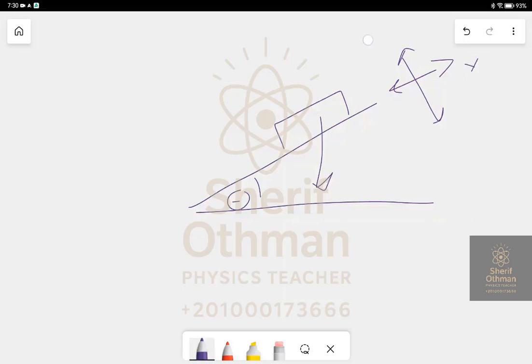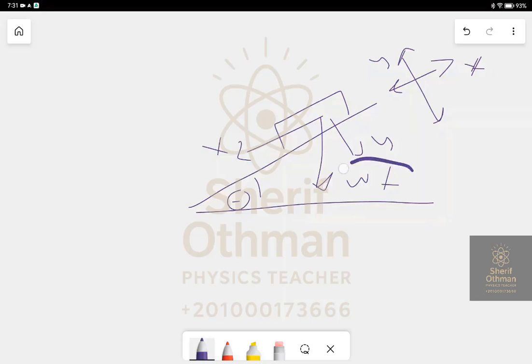Which means the weight of the object is now applied between two dimensions, x and y. As we said before, physics is unable to deal with forces in two dimensions, so we have to find the components of weight in the x direction and in the y direction.